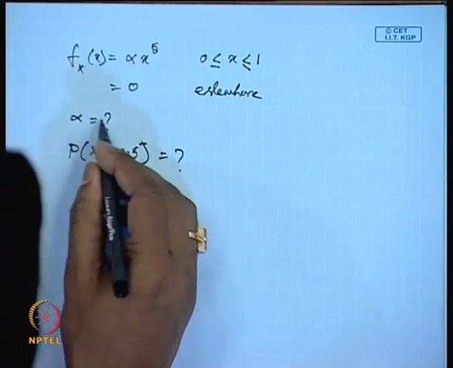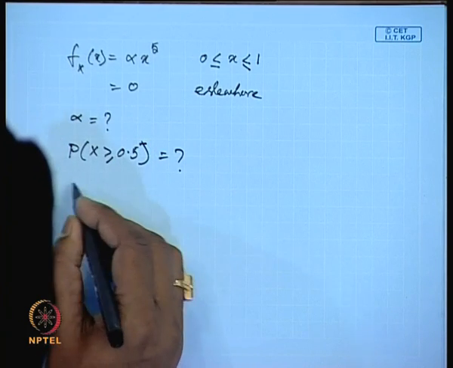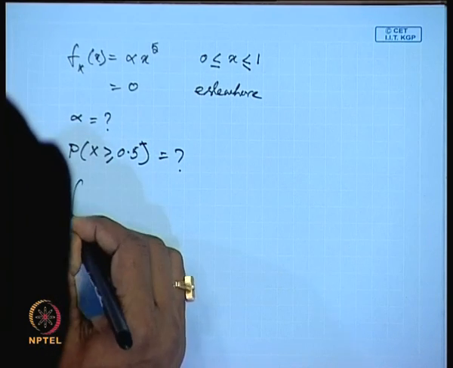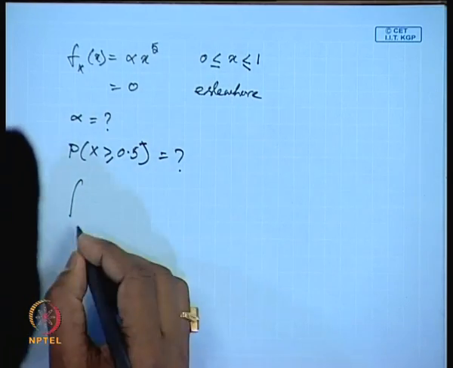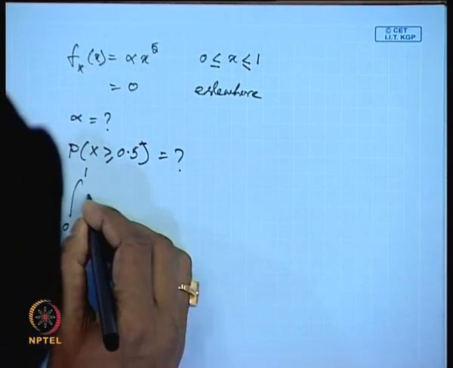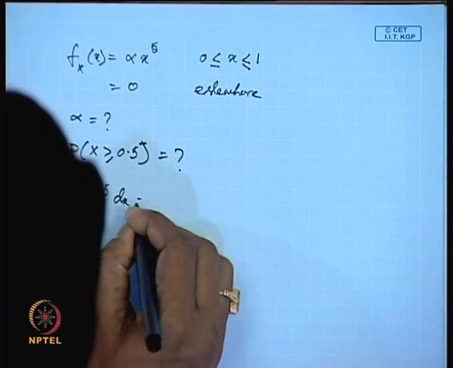If we want to know the value of alpha, we know the property that over the entire range of this random variable, that is 0 to 1 in this case, the integral of this function should be equal to 1.